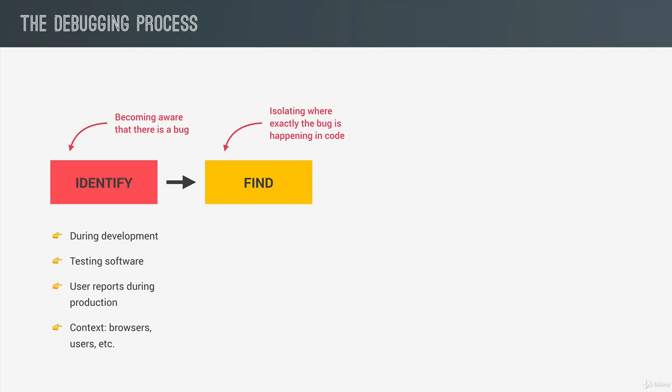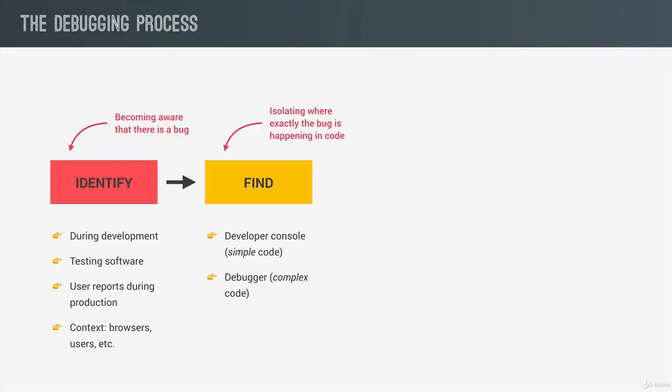And we can do that using the developer console that we already know. However, that only works for small bugs in simple code where we have a good idea where the bug might be located. But if the code is more complex and we have no idea where the bug might be, then we need to use a debugger software. And I will show you how that works in the next video, because it's really important for the developer to be able to use a debugger.